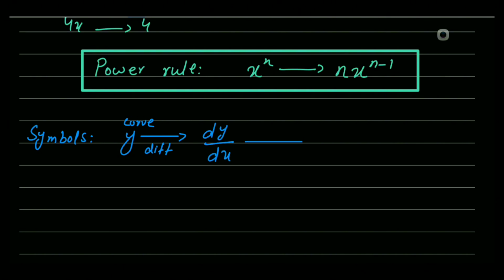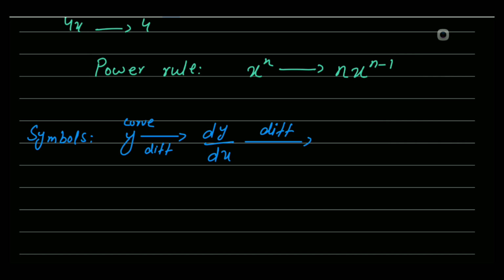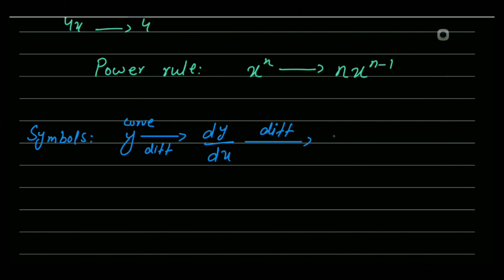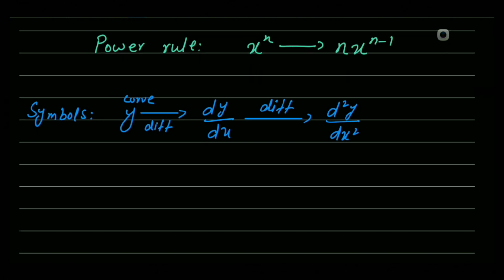If we differentiate it again, the second derivative will be called d square y over dx square. Okay, first derivative will be dy over dx. Second derivative will be written as d square y over dx square.